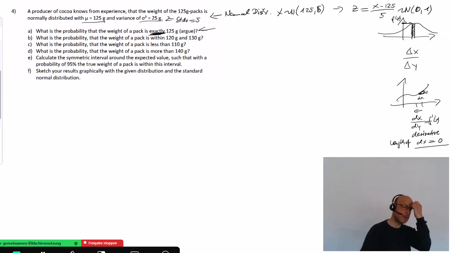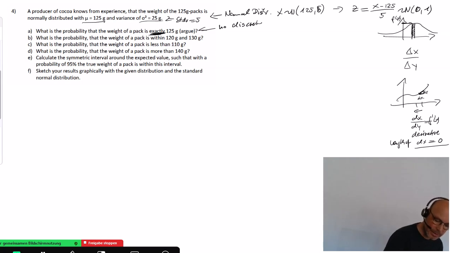Well, about this, maybe you have to think in a philosophical way, that there is something existing with length of 0. So no discrete variable, then P of X equals 125 is 0.